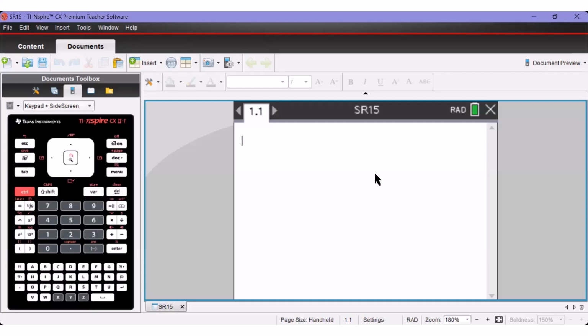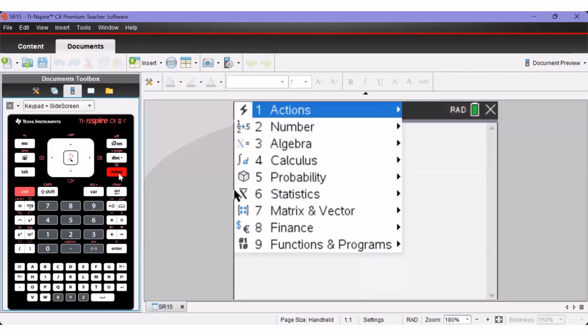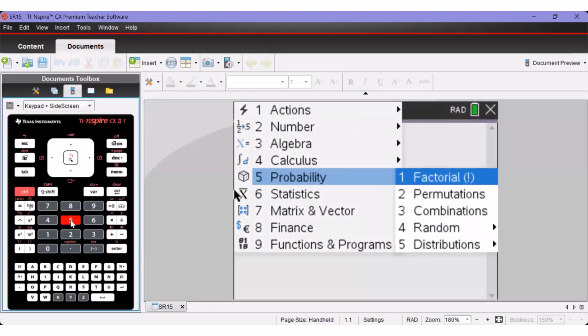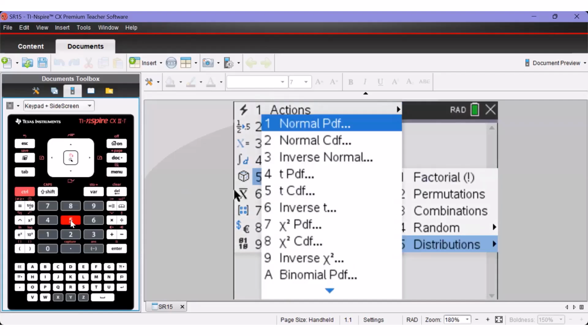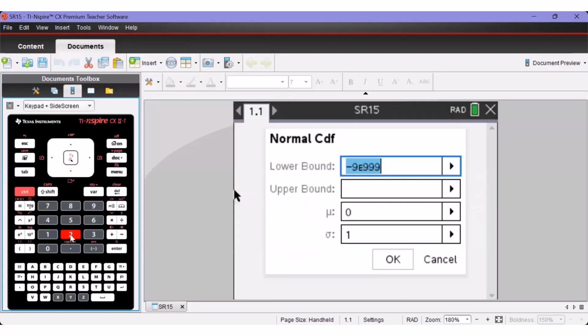So we're going to use the normal CDF command here, and we must ensure that we use the correct standard deviation. So let's first of all press menu. We're going to select probability by pressing 5. We're going to select distributions by pressing 5. And we're going to select normal CDF by pressing 2.